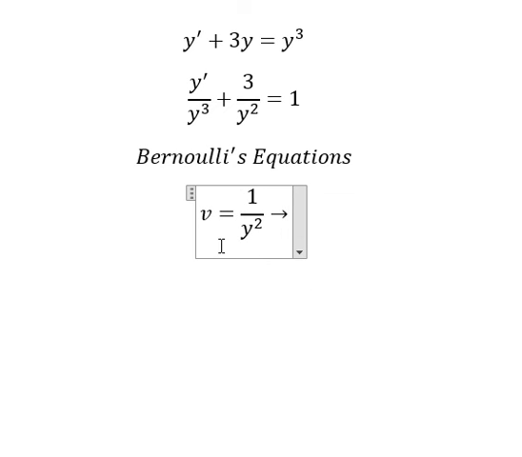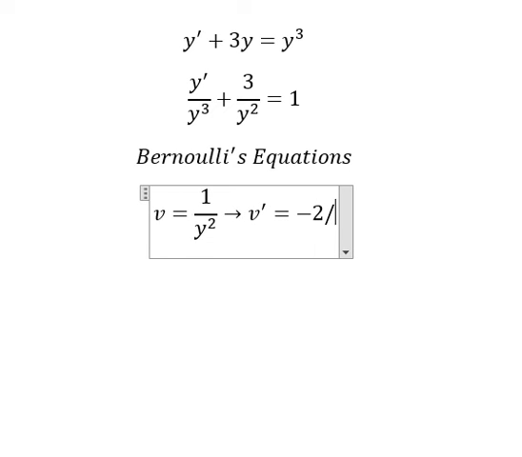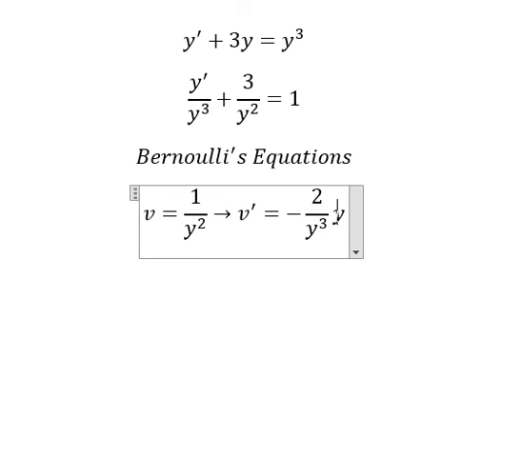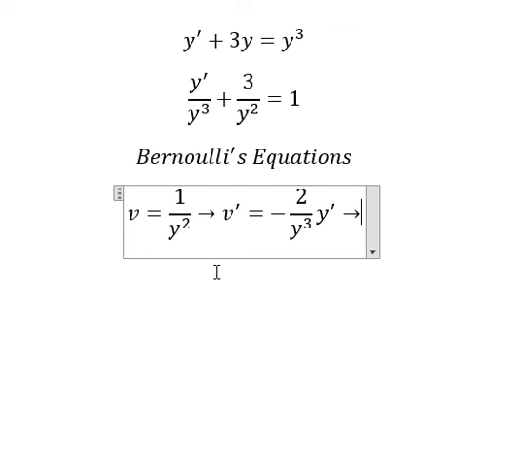Later, we need to take the first derivative of both sides, and we have this. Because we don't have negative number 2, we need to divide both sides by negative number 2.